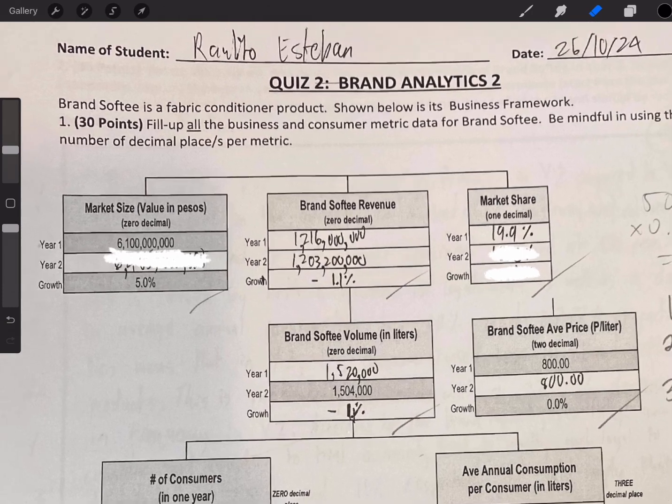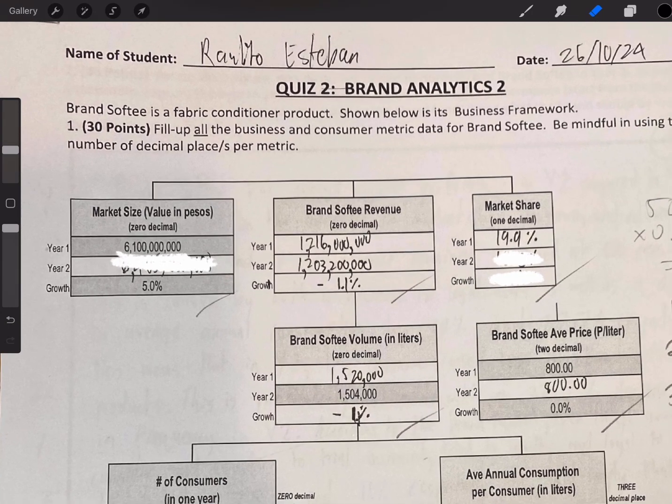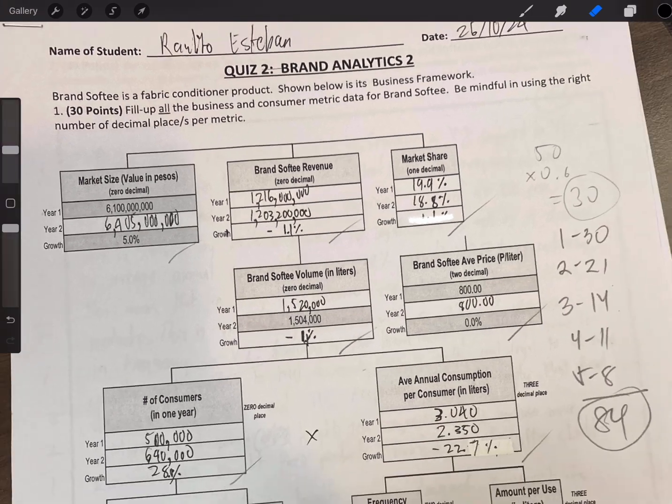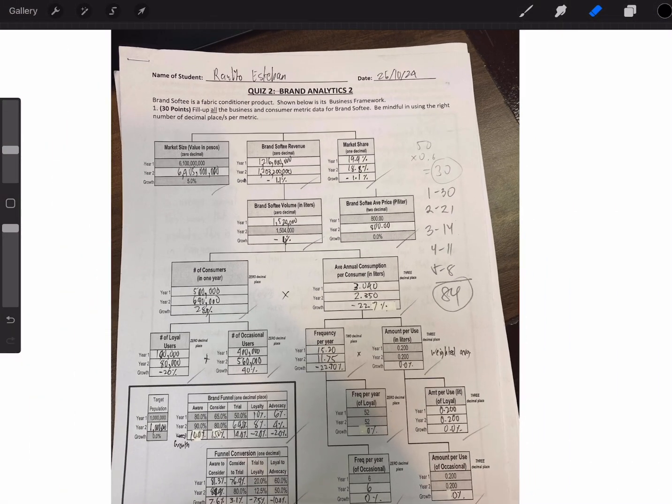Here it says the growth is 5%, so we know that year 2 is 5% bigger than year 1. Just solve for that. Now that we have that value, we're going to take the revenue from year 2 and divide that by the year 2 market size value, and that would give us our market share. Then we can just solve for a growth percentage from there on.